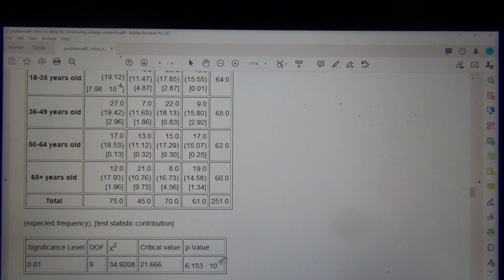That means it's really close to 0. This times 10 to the negative 5, remember, just means move the decimal 5 places to the left. So if I move this decimal 5 places to the left, I'm going to have basically 4 zeros in front of that 6. So 0.0006153 would be the actual p-value.